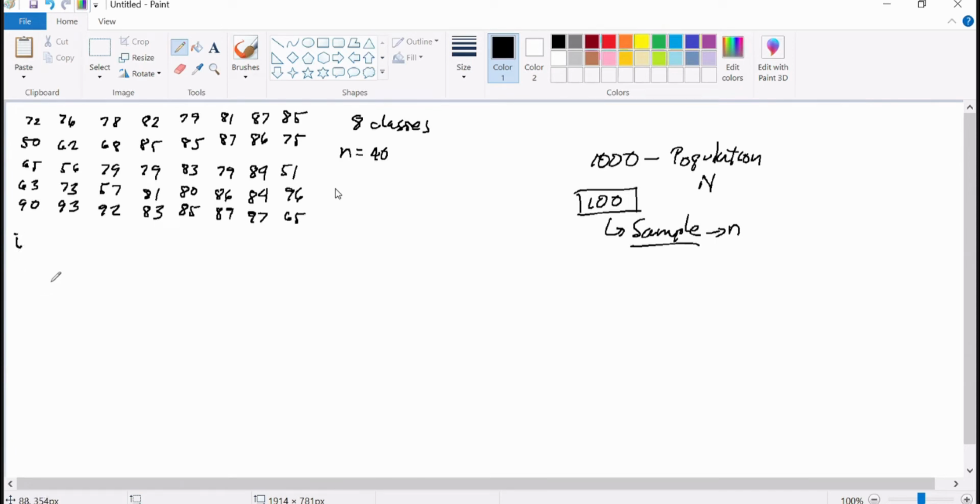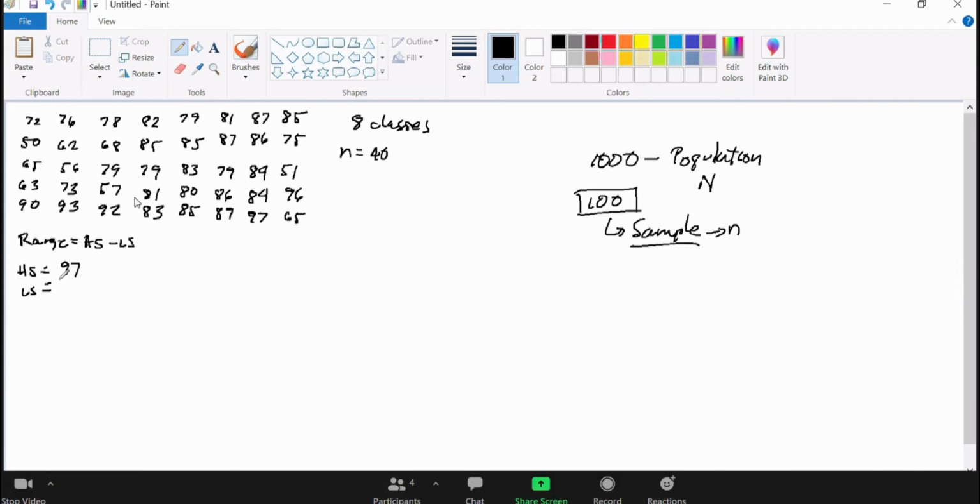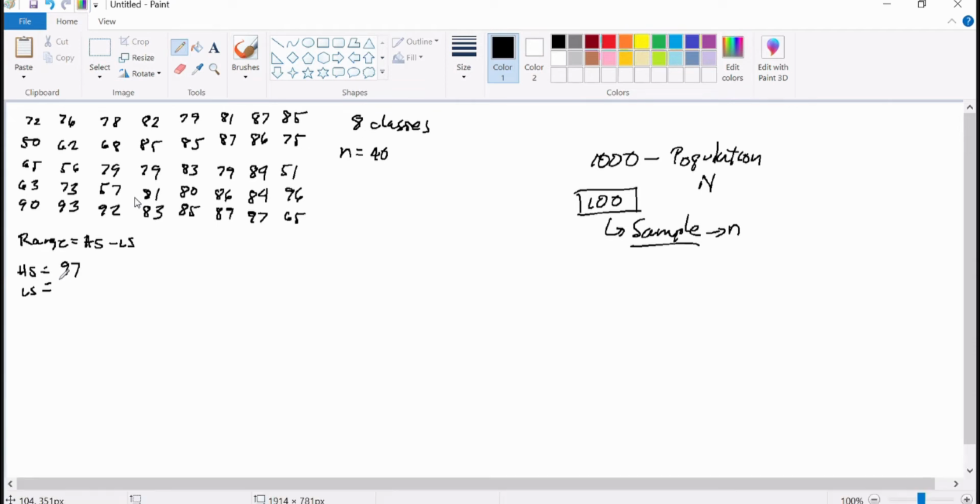To get your interval, we need to base it on our range. What is our range? Range is equal to highest score minus lowest score. So HS is what? 97.